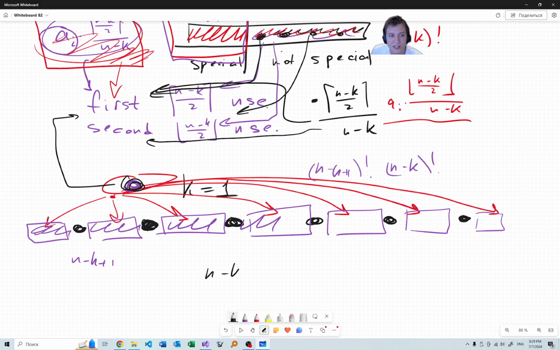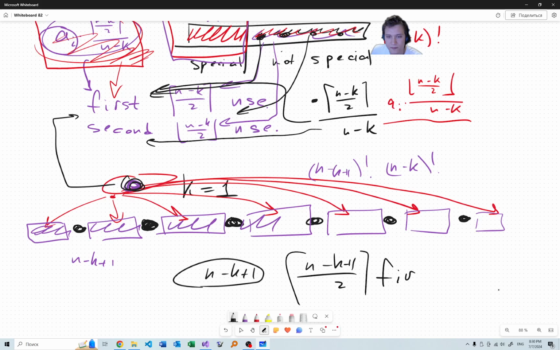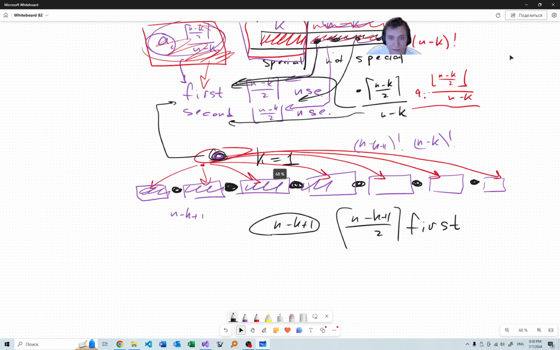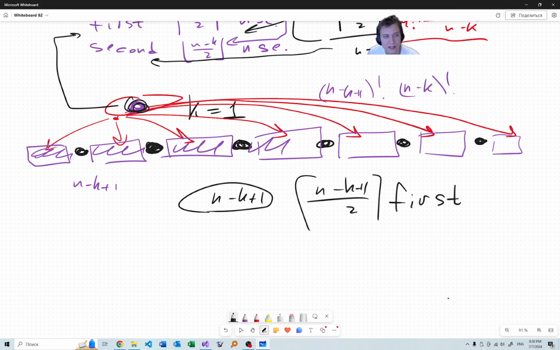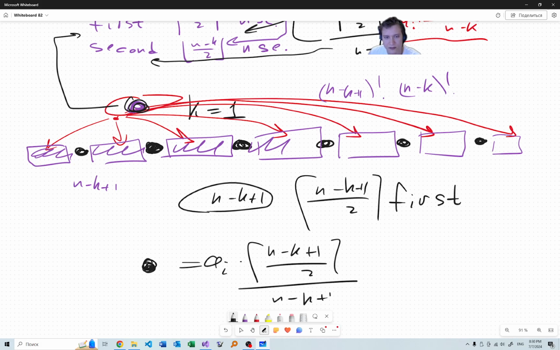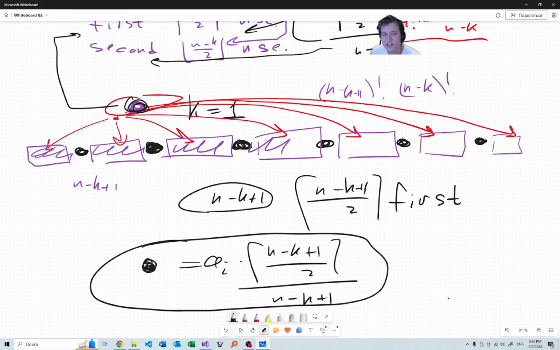There are n minus k plus 1 positions, and among them, n minus k plus 1 over 2 ceiling are going to the first player. Therefore, the mathematical expectation of the impact this element imposes on the first player is AI times n minus k plus 1 over 2 divided by n minus k plus 1. And again, since mathematical expectation is additive, we can sum this among all special elements.